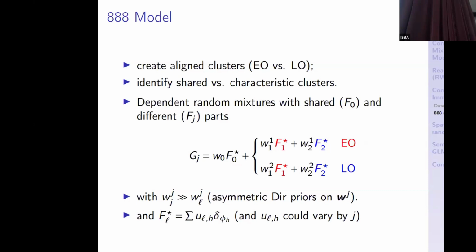In plain English, the atoms in the black F star correspond to cell subtypes that are shared between the two conditions. They have nothing to do with early versus late onset. The atoms in the red F star are atoms that are more prevalent in the red early onset patients. But again, it would be biologically implausible to assume that they are absent in the other population.